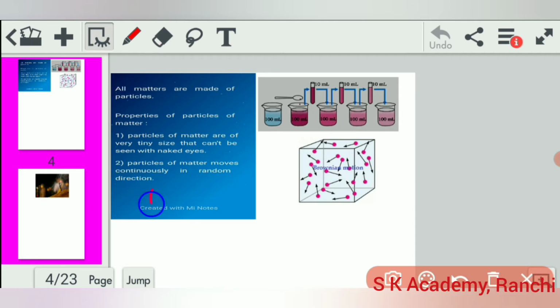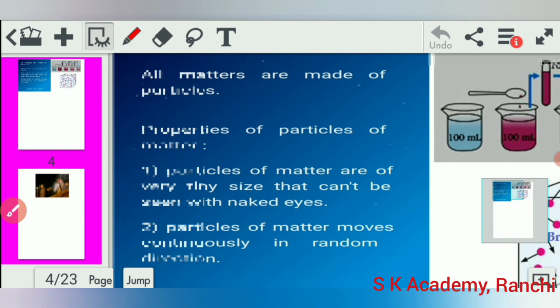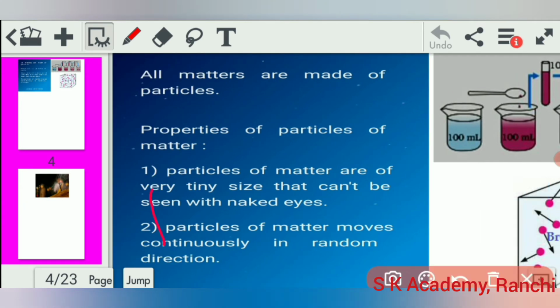So here you see, the first property of particles is that particles of matter are very tiny.